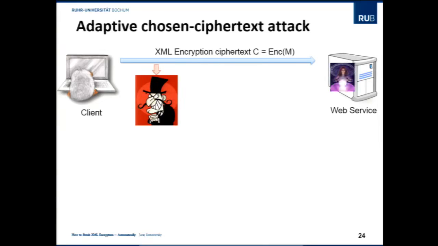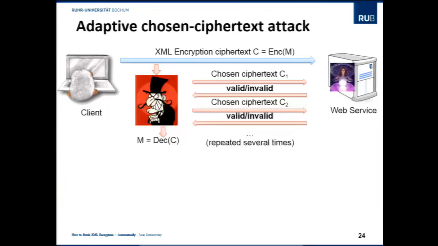The attacker uses the web service as an oracle: he modifies the ciphertext somehow and sends it to the web server, which processes it and responds with valid or invalid according to the message validity. The attacker repeats this several times, and at the end, he can decrypt the message. This is just a general scenario of adaptive chosen ciphertext attacks and how they work.